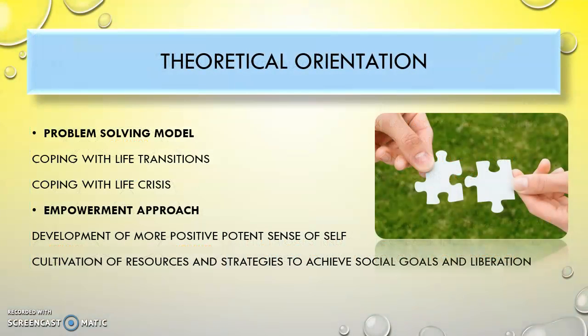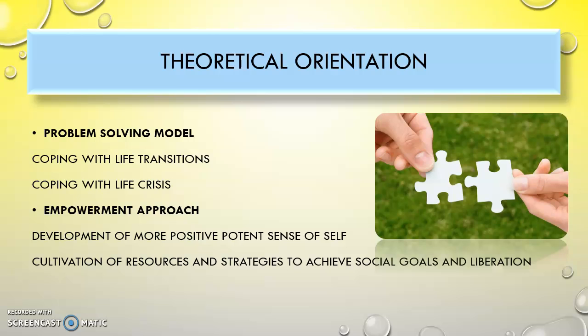But to jump right on in, from the Helen Patricus case, our theoretical orientations will be using the problem solving model along with the empowerment theory approach. The problem solving model has two main factors. One can be coping skills with life transitions, coping with life crisis.